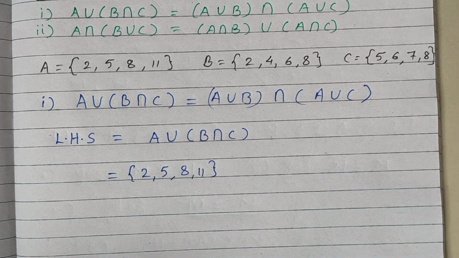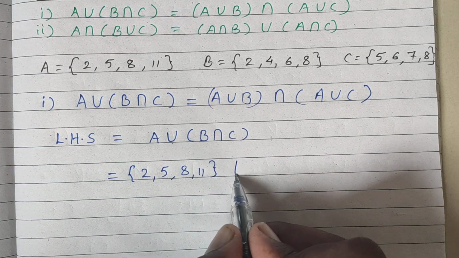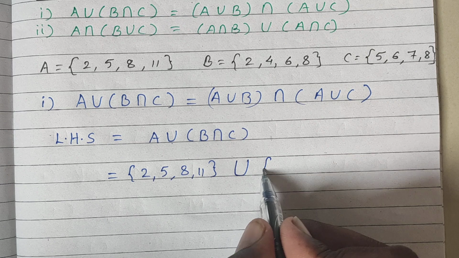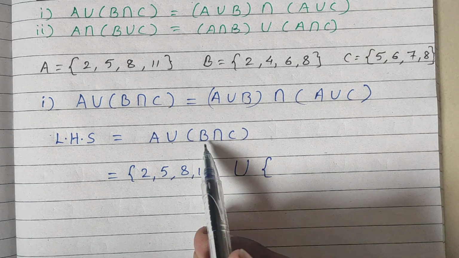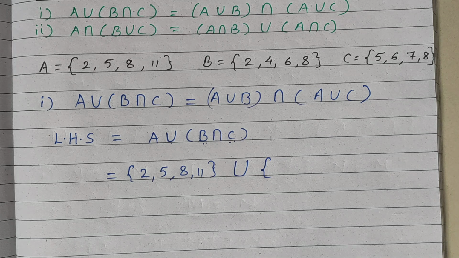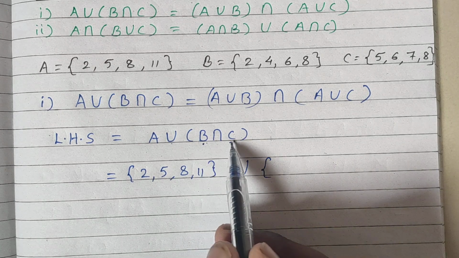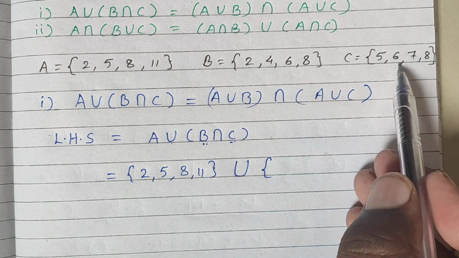This is our A set. Then the union symbol. Next, B intersection C. What is the meaning of intersection? Common elements, right? Intersection means common elements of which sets? B and C.